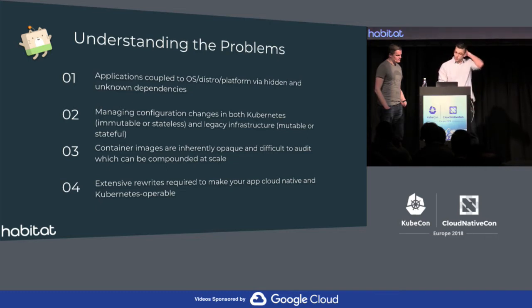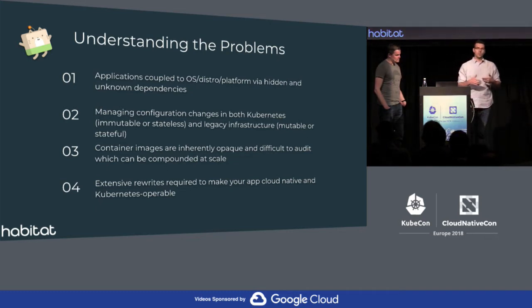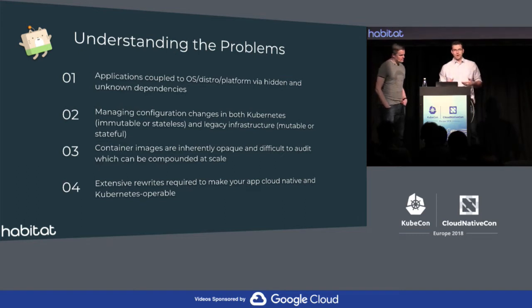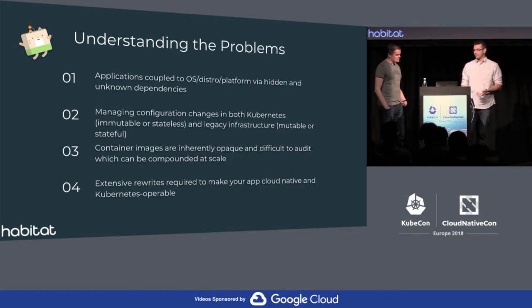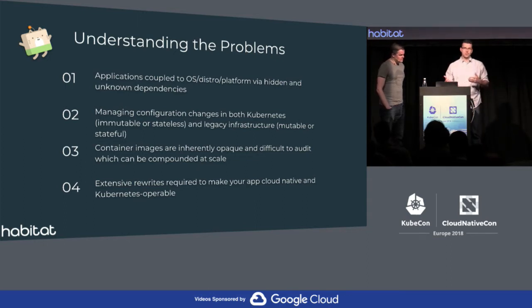And then the final problem that Habitat aims to target is that nobody wants to rewrite their application to be cloud native, right? That's expensive for the business. So our aim is to enable your application to be cloud native without having to use something like etcd or Consul to get your application's configuration to you, and your app having to be aware of how to do that.